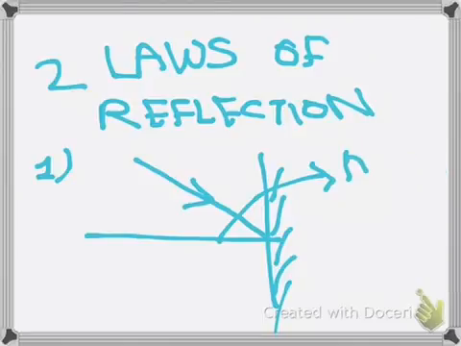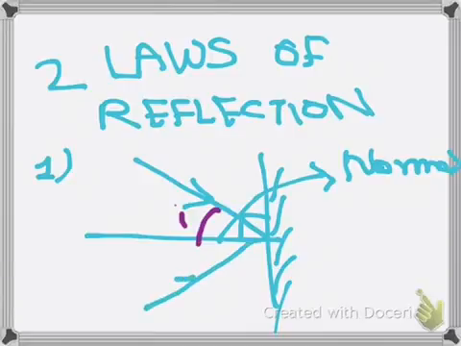Basically, the angle of incidence is the angle between the normal and the incident ray, and the angle of reflection is the angle between the normal and the reflected ray.